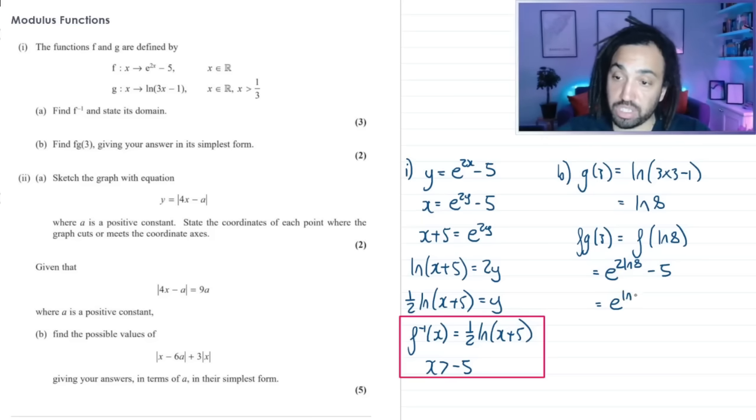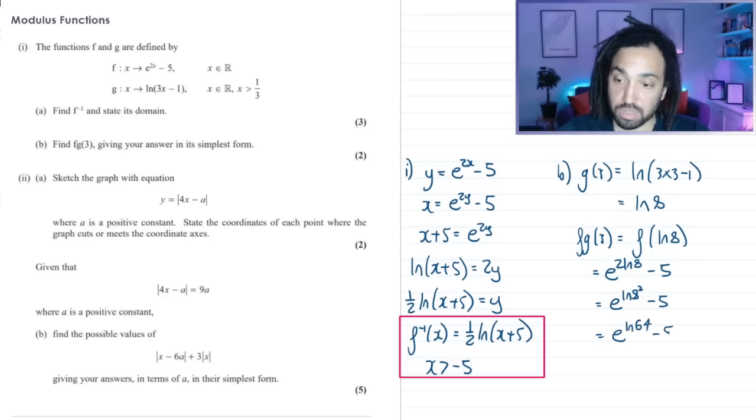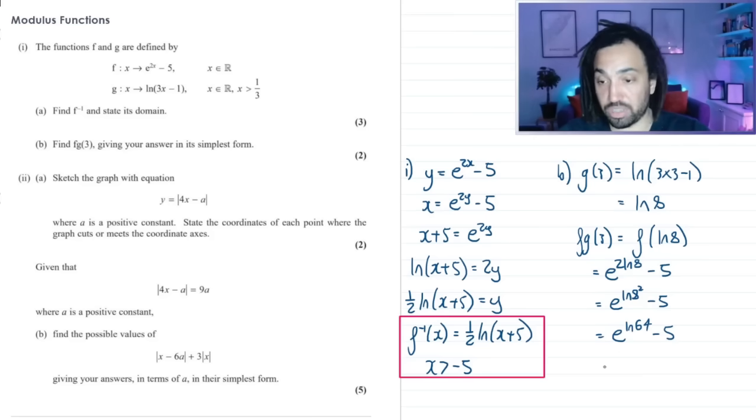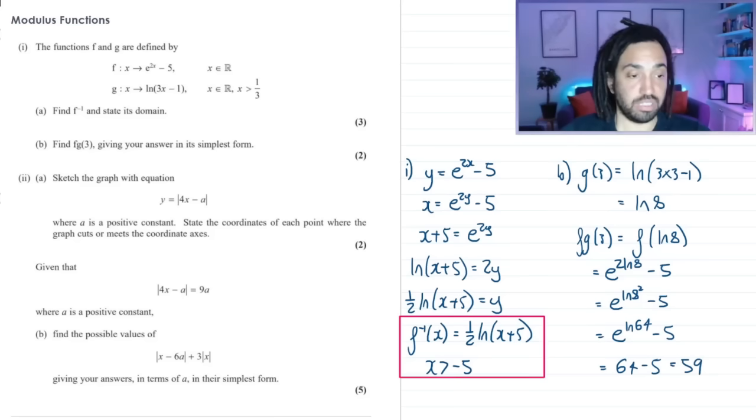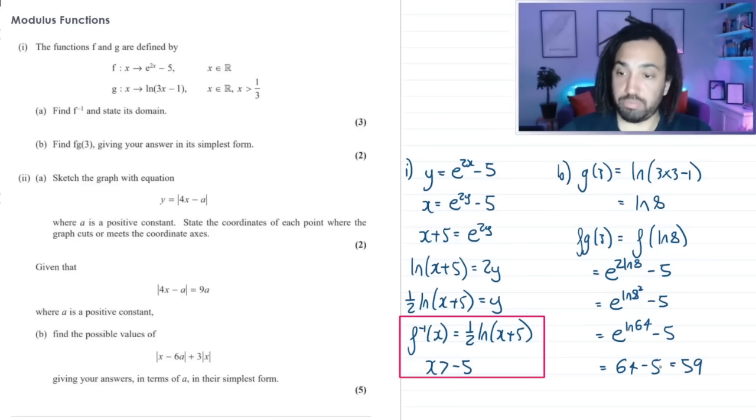So it'll be e to the ln of 8 squared minus 5, which is e to the ln of 64 minus 5, and then that e and the ln will cancel out, so we just get 64 minus 5, which is equal to 59. Perfect. Okay, let me box that up, and then we'll move on to the next part of the question.